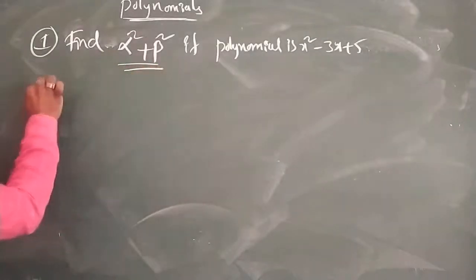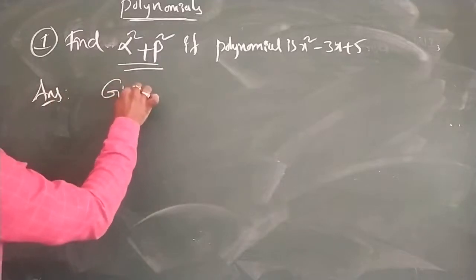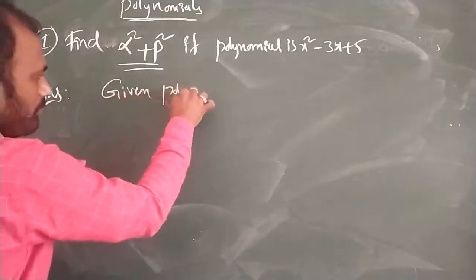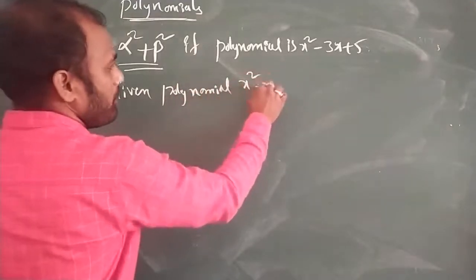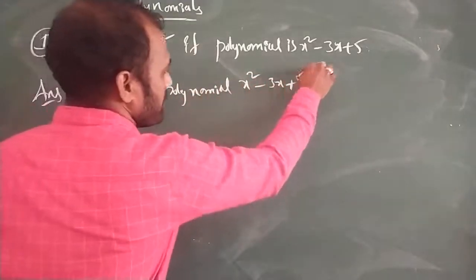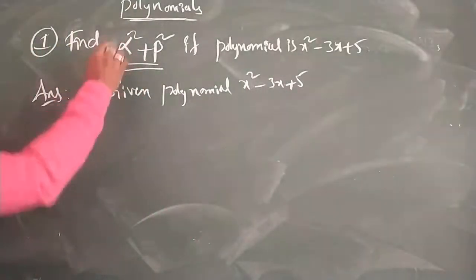So we are asking alpha square plus beta square. How to do this here? Given polynomial x square minus 3x plus 5. Questions may be various, so I am going to do them one by one here.